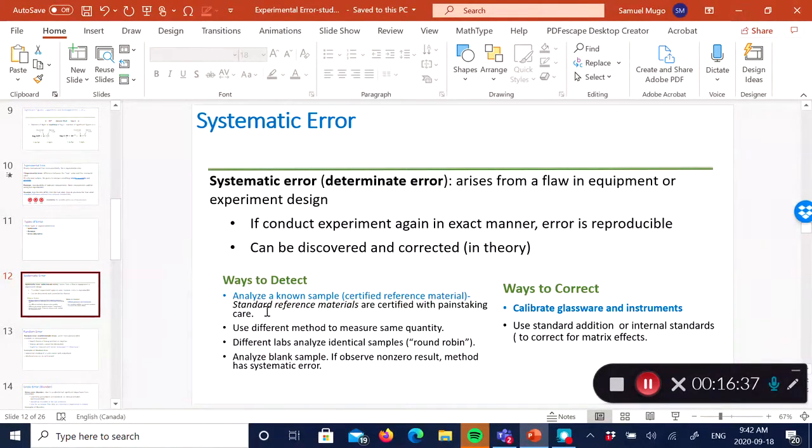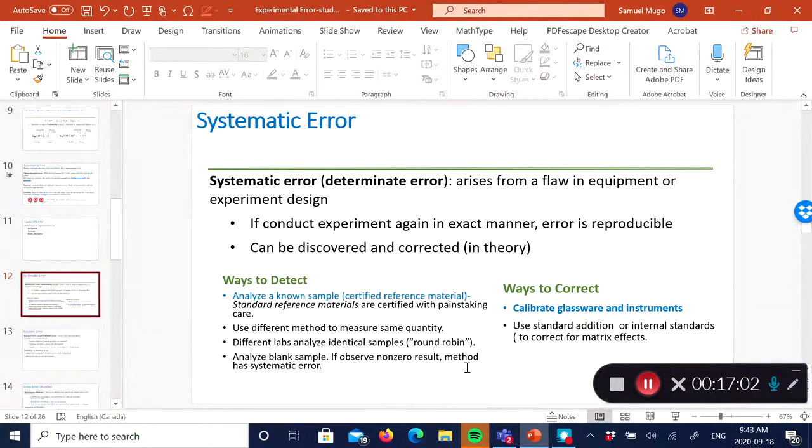Another thing that you can do is you can run a blank. A blank, typically, is a sample that doesn't have the analyte, okay? So it should not have any analyte at all. Meaning, ideally, you should be getting a 0 for the analyte.